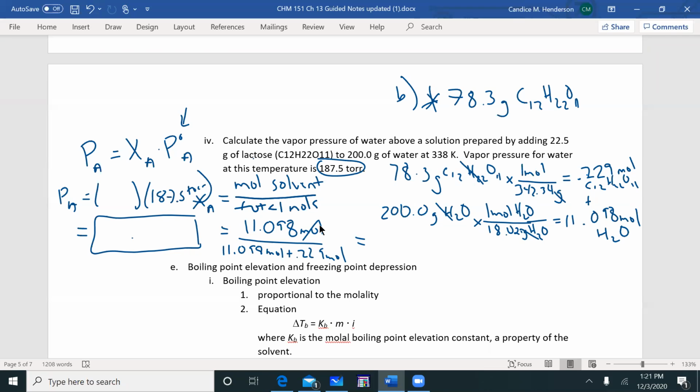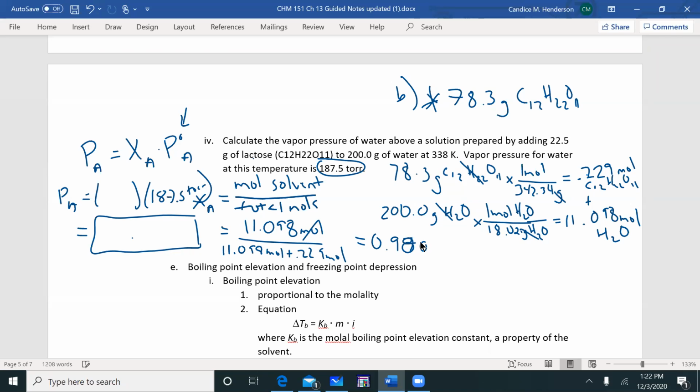We end up with 11.327. So we'll take our 11.098 and divide it by the 11.327. And we get still a large fraction, but now we're getting 0.979.